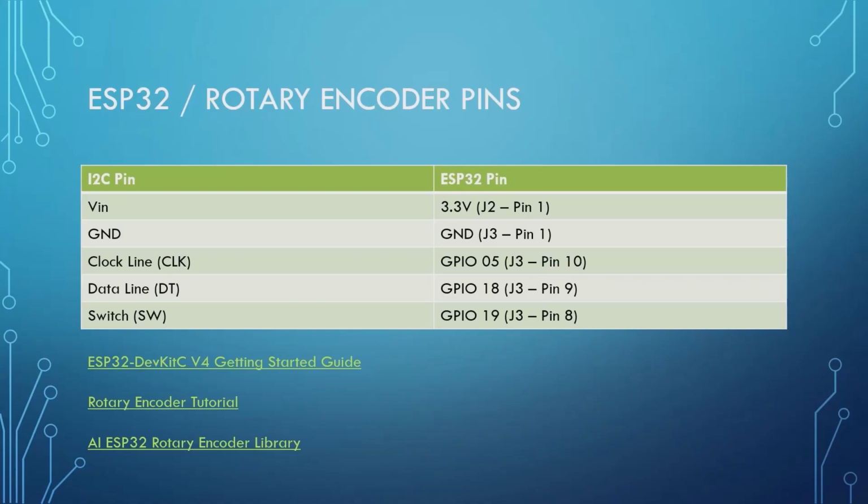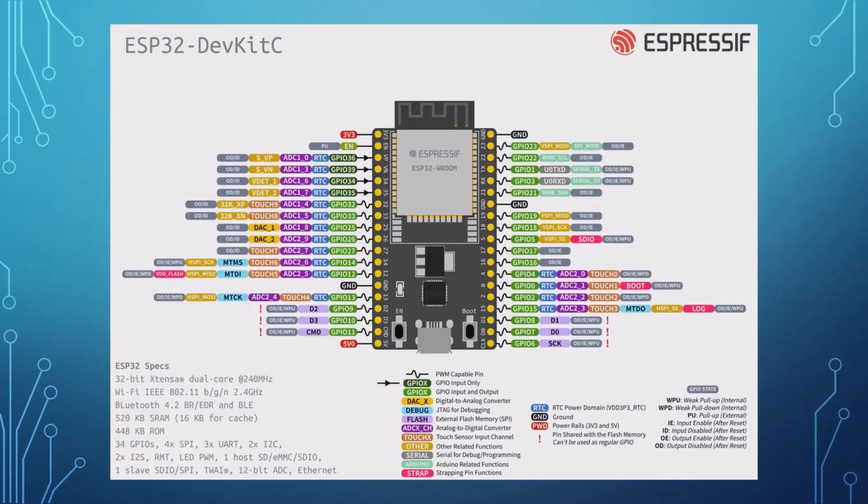Just to show you where it's at, if you look down the right side of this, you'll see GPIO 19, 18, and 5. They're all grouped together right next to the ground there.